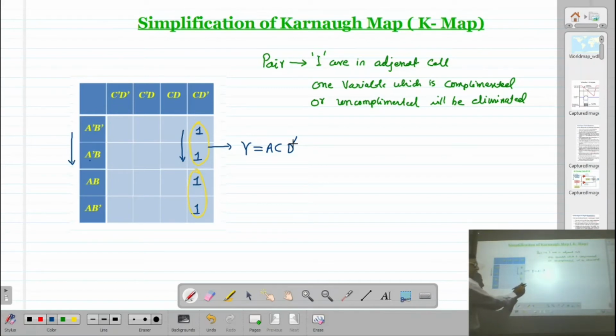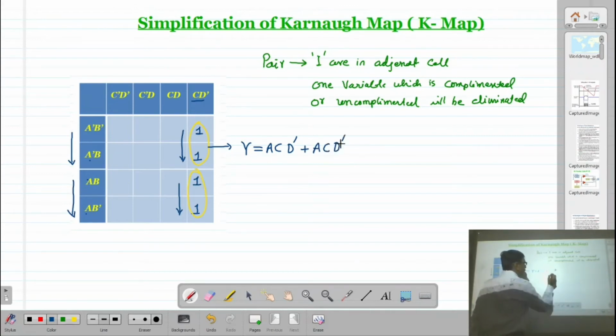Now, for this pair, here, I have to write a plus, because the Karnaugh map is generating a sum of product equation. Remember. Then for this pair, here if you see, when you are moving in this direction, again the CD prime remains constant, but here if you see, A is remaining as it is, but the B is going to be complemented, so that variable is going to be eliminated. And I will write A, C, D prime.